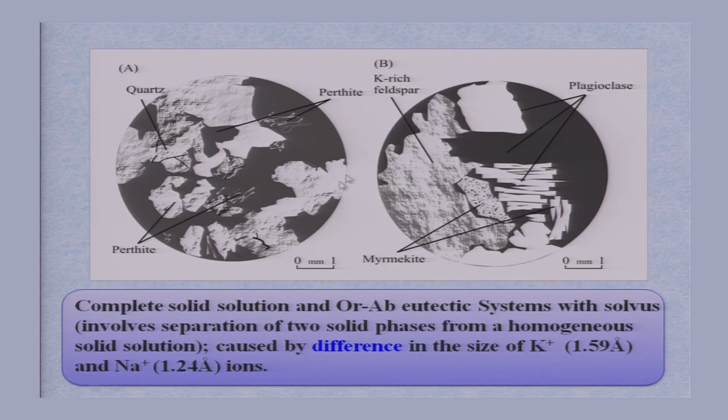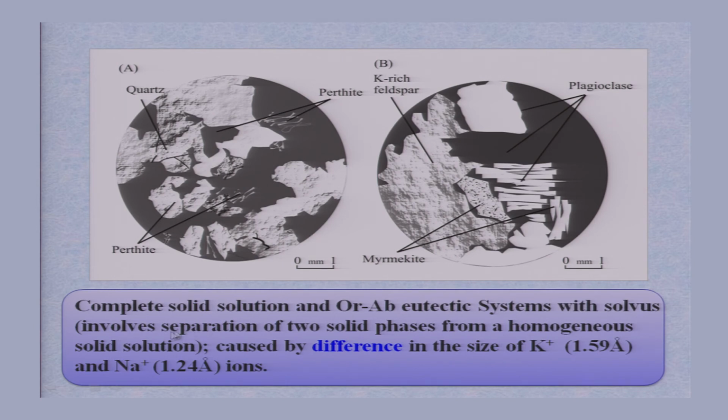See, in this thin section, this photograph is directly taken from the microscope and it represents complete solid solution and the orthoclase-albite system. Orthoclase and albite normally are in a solid solution, but here they are in an unmixed relationship.